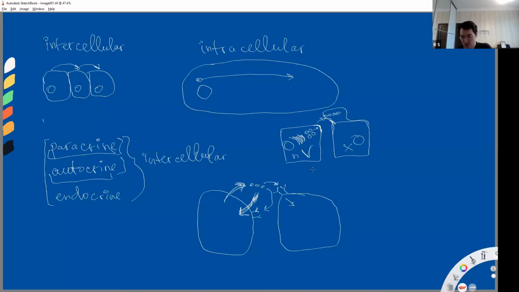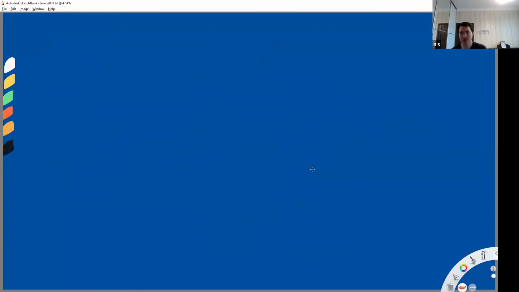Question about lecture 4. Can you please explain the difference of bright field and dark field? Yes, just a second. But I guess this question was on one of the previous Zoom sessions.